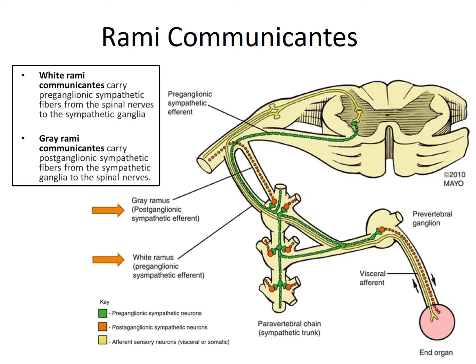So white communicating rami, the yellow here, carry preganglionic sympathetic fibers from the spinal nerves to the sympathetic ganglia.